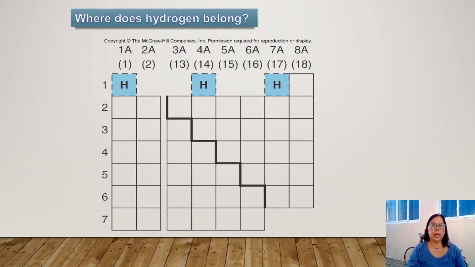Okay, where does hydrogen belong? That is still a question. But the established periodic table says that it belongs to group 1. But its chemical properties and other physical properties are usually not the same as group 1.